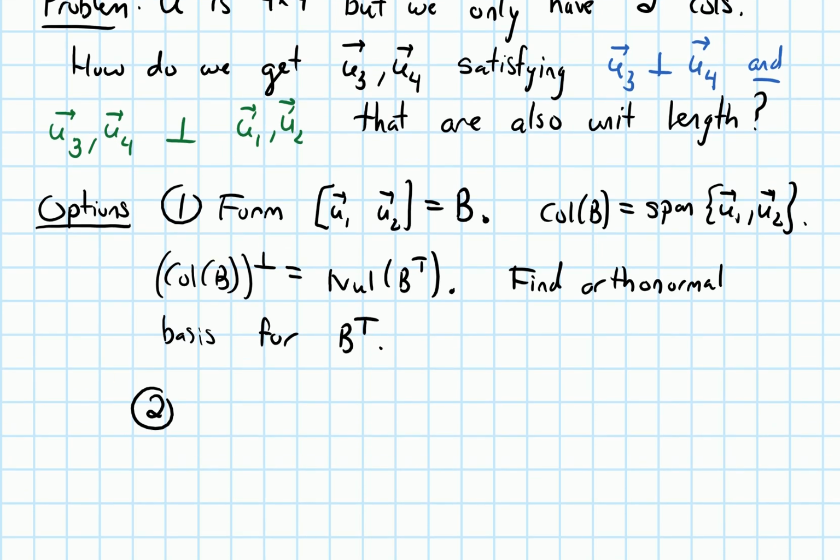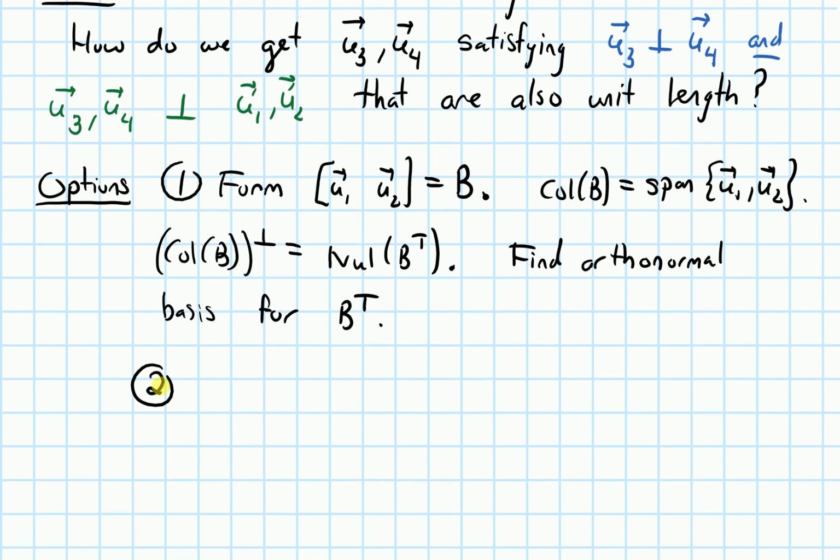Another way to go about it is to remember that u1 and u2, so in general, u1 up until u_r, that is an orthonormal basis for the column space of the original matrix. So that's something that we saw in the last video.